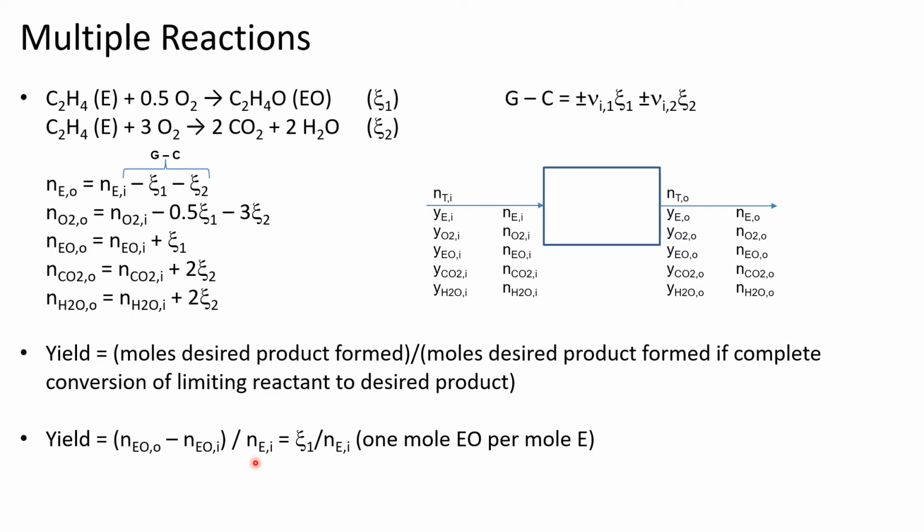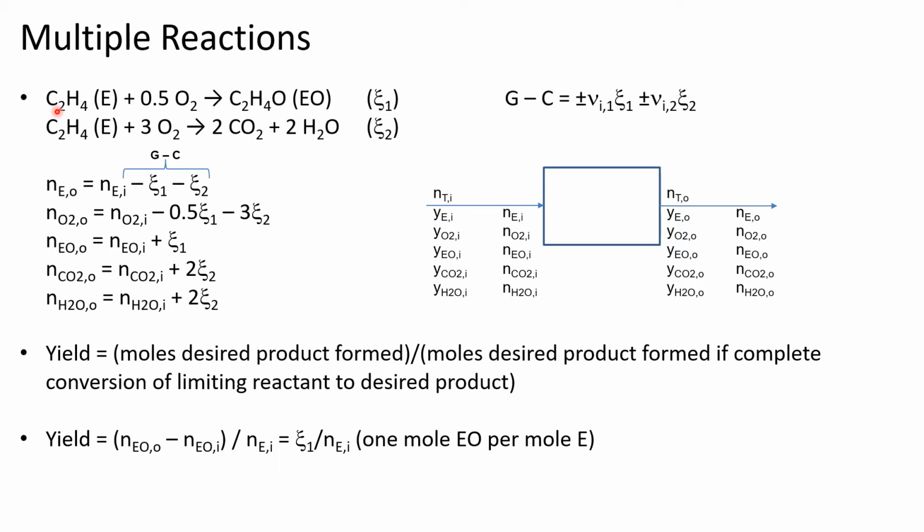Then we'll divide that by the amount of the ethylene oxide that would be produced if we had complete conversion of the limiting reactant. Now here we're going to assume that the limiting reactant is the ethylene. So if we have N_E^I moles of ethylene coming in, the number of moles of ethylene oxide that would come out with complete conversion would be equal to the number of moles of ethylene that come in, because according to the stoichiometry of the reaction, for every mole of ethylene coming in, this first reaction will produce 1 mole of ethylene oxide out.